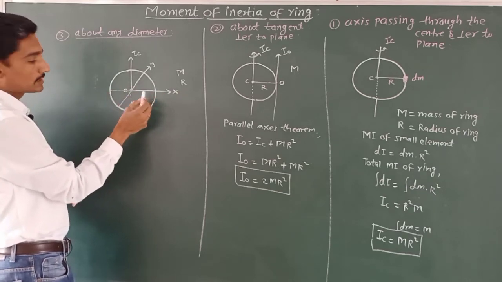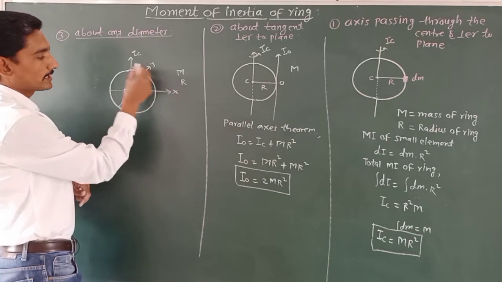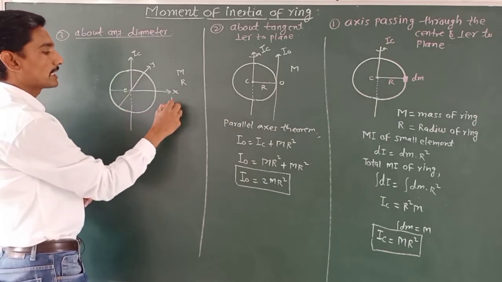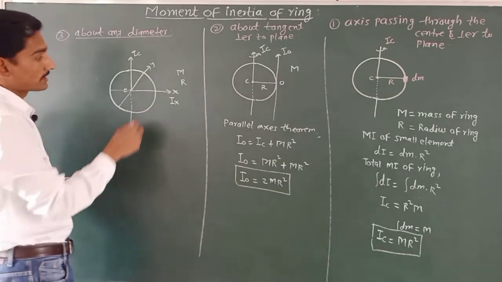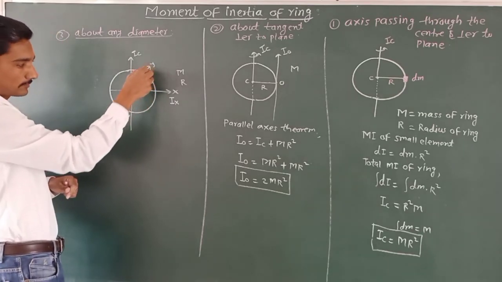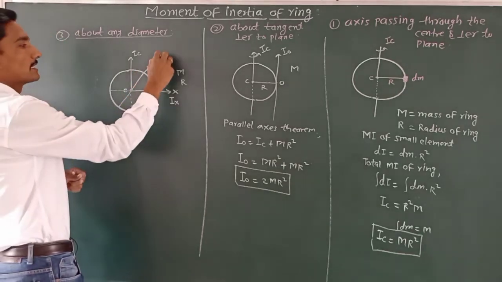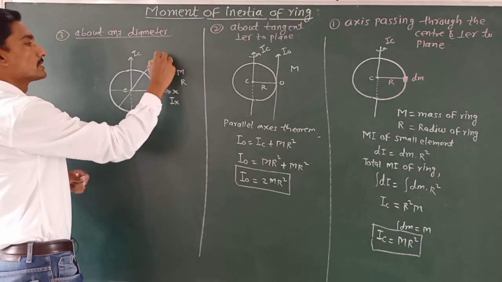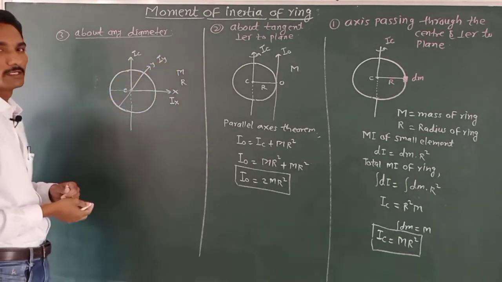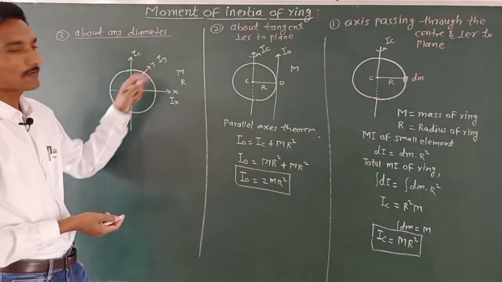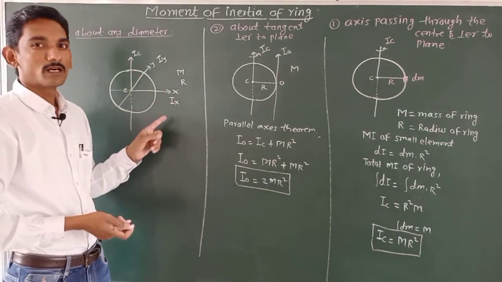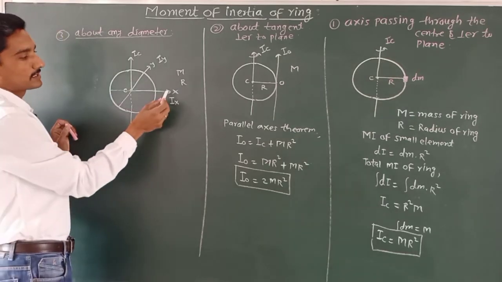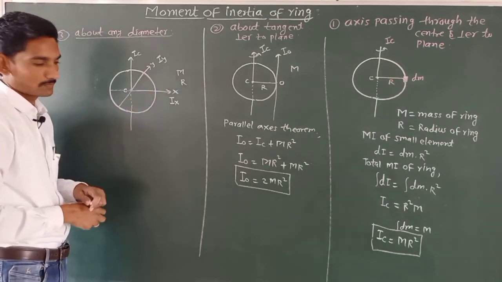If the axis of rotation is passing through the x axis, then we can determine the moment of inertia of this ring, and that will be Ix. If the axis of rotation is passing through the y axis, then Iy is the moment of inertia for this diameter. So Ix and Iy are the moment of inertia of this ring about the diameters which are passing through the x and y axis respectively.